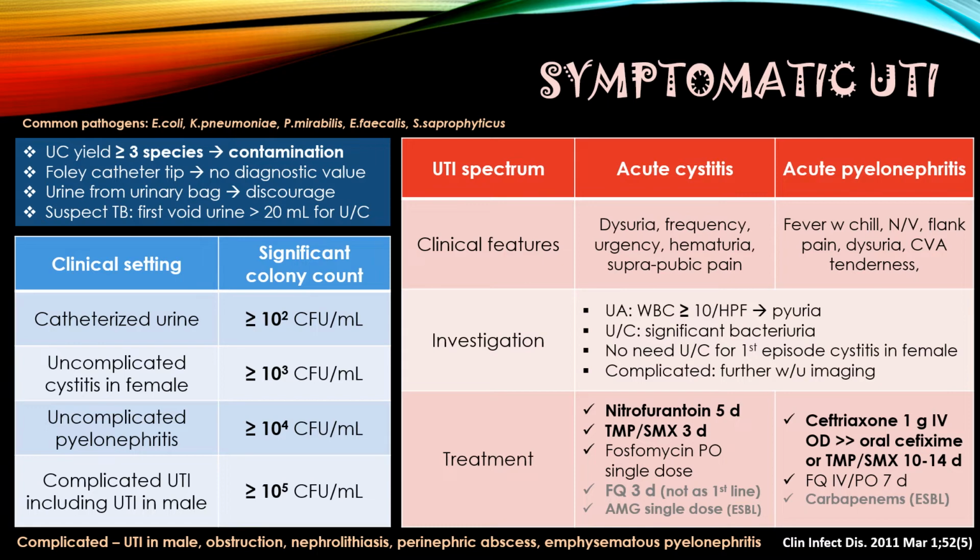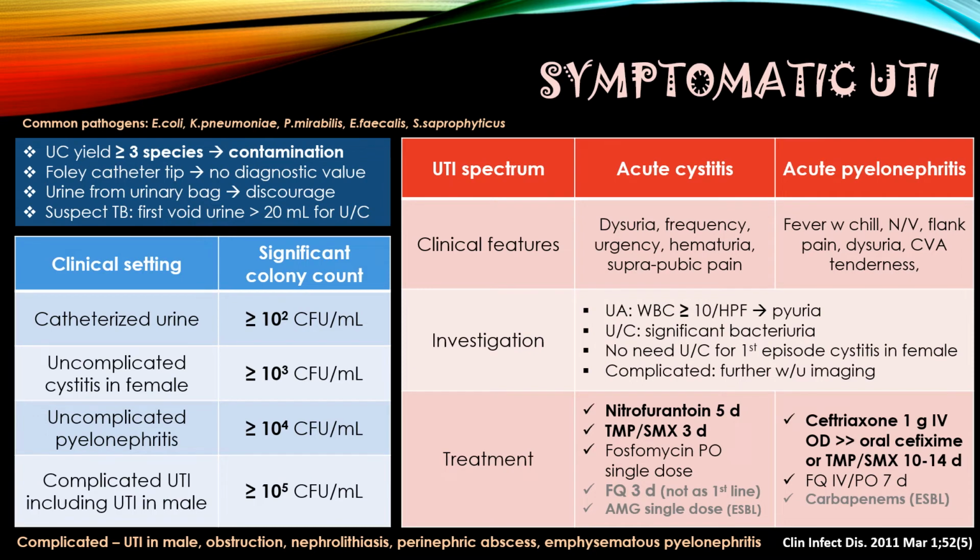So we don't recommend quinolone as an empiric first choice. But if the culture shows the pathogen is susceptible to quinolone, you can use it, and just 3 days is enough. Or you can use an aminoglycoside single dose if you know that the pathogen is resistant to ceftriaxone.